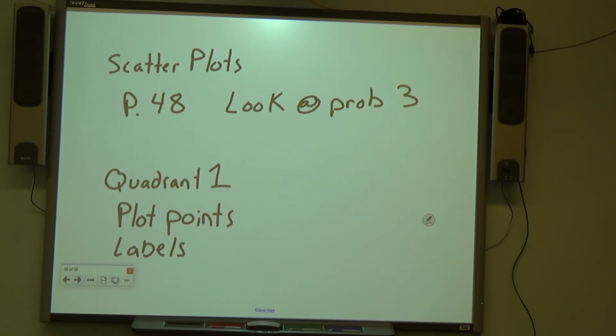Usually when you see a table, the top row of your table is the x-axis, and the vertical axis, the y-axis, is usually the bottom section of your data table. Okay, so if you look at example 3 on page 48, the length is on the x-axis and the mass is on the y-axis. And pay particular attention to what numbers that they are using for this.